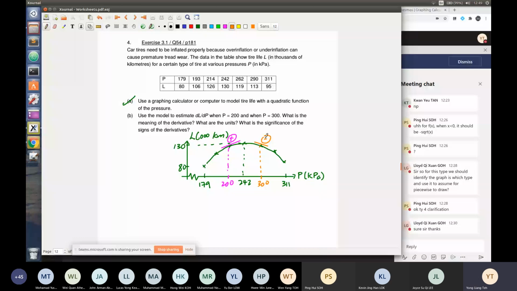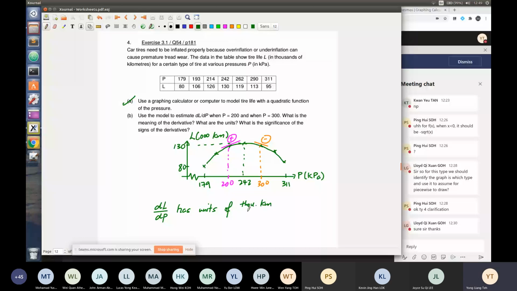So now, what is the meaning of this derivative? The LDP here is actually having the units of what? Of thousands of kilometers. So let's put 1,000 kilometer per kilopascal.